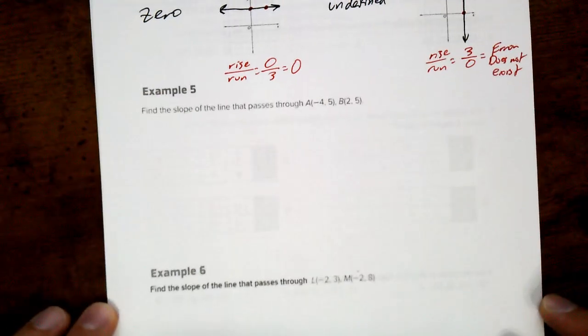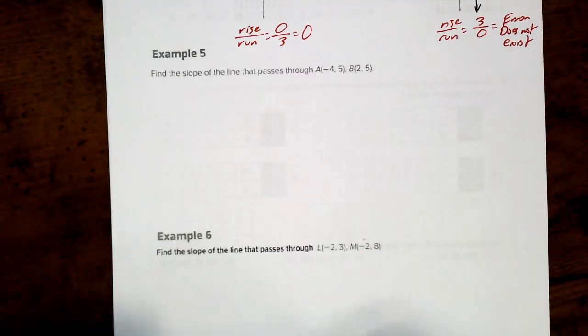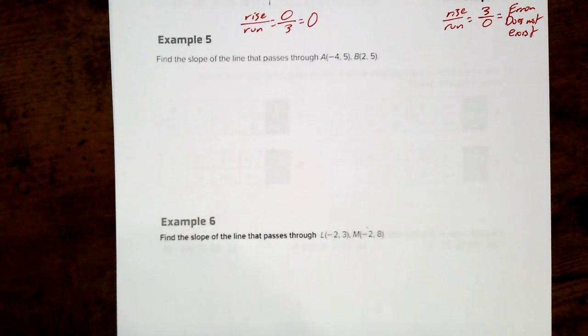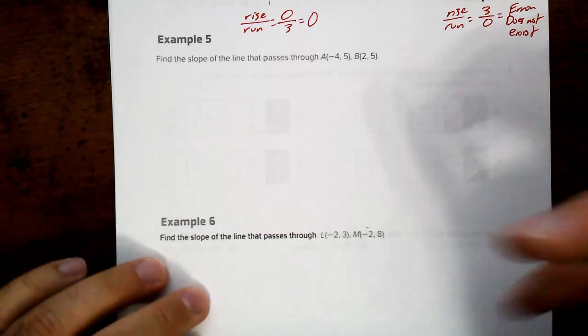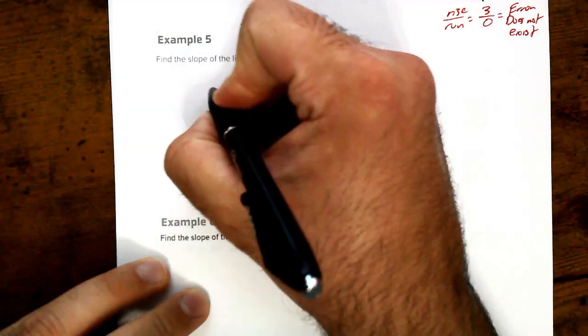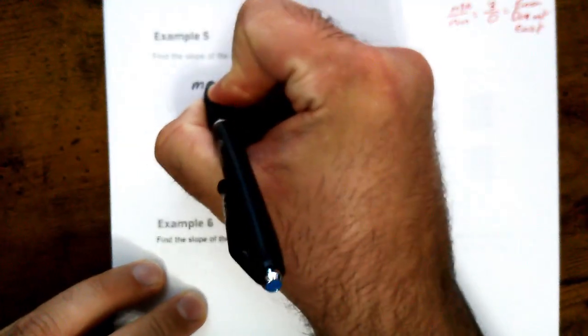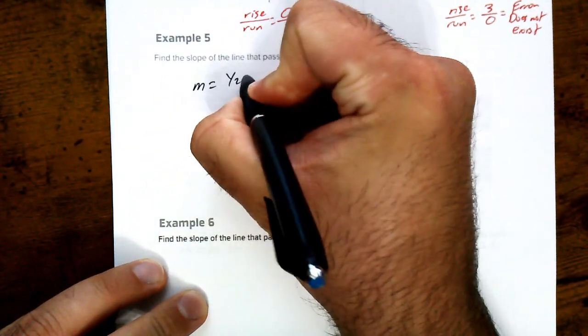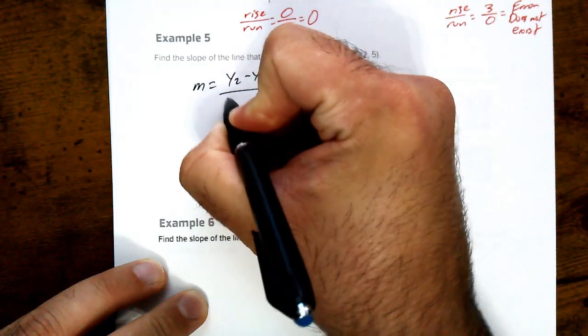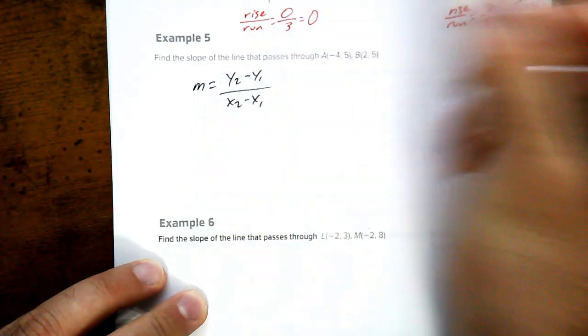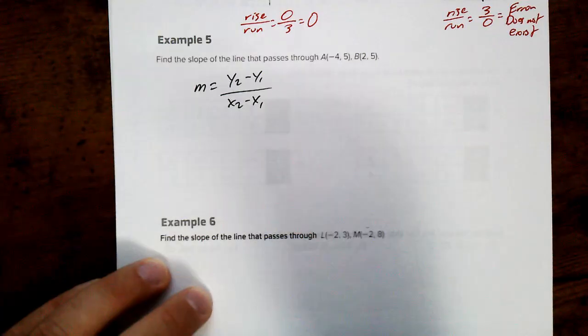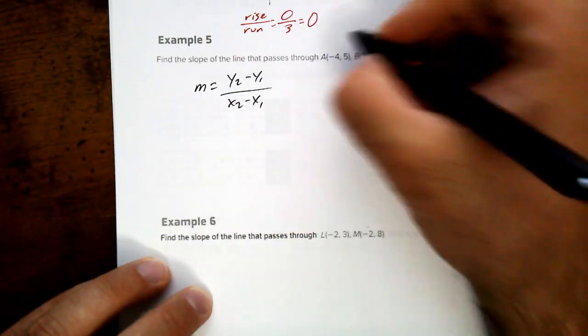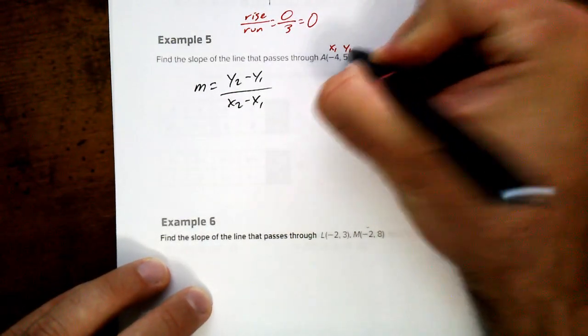Alright, so just a couple more problems right now using that slope formula to find the slope between these 2 points. You're going to use the slope formula each time. So m equals y2 minus y1 over x2 minus x1. Label your points. This is the first one they give you, so that's my x1, y1.